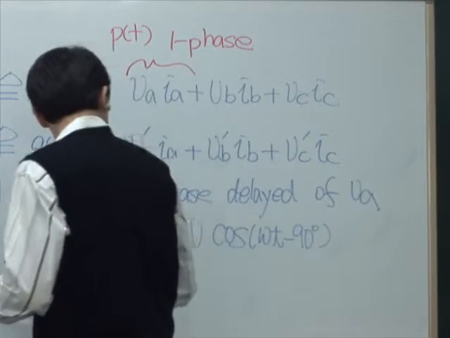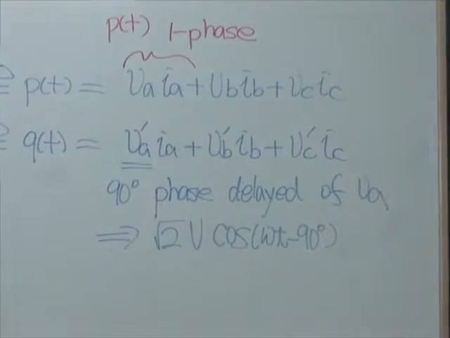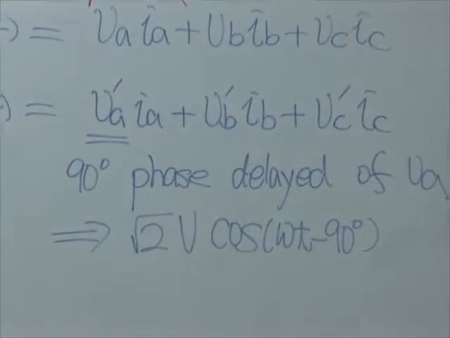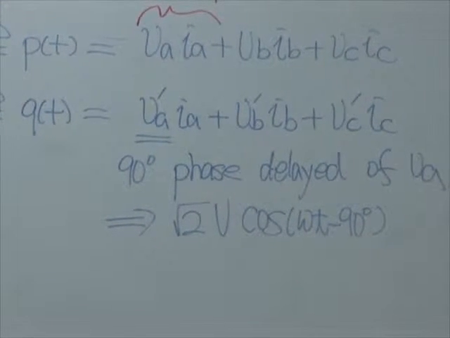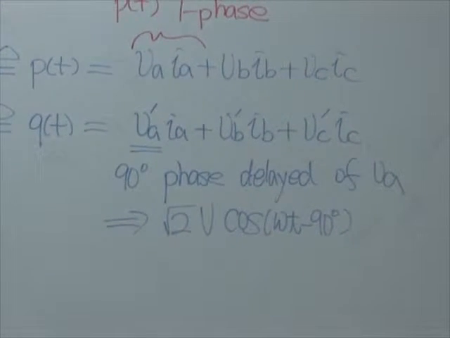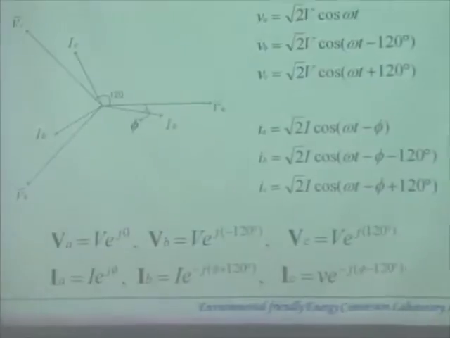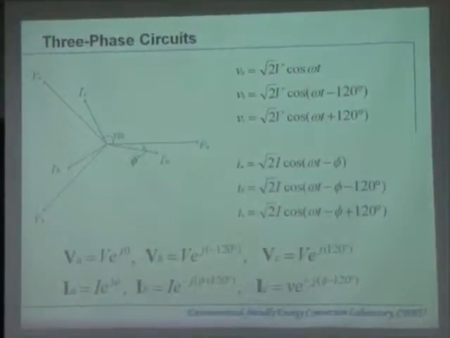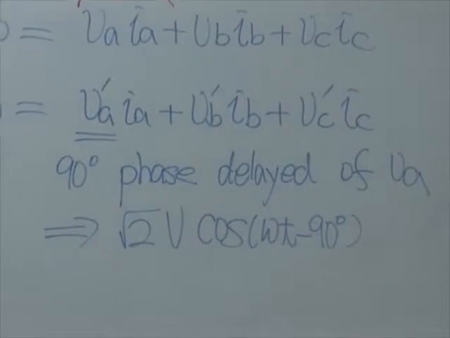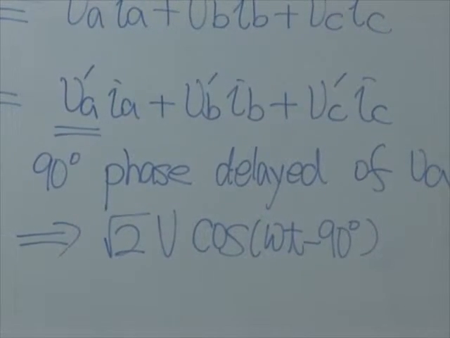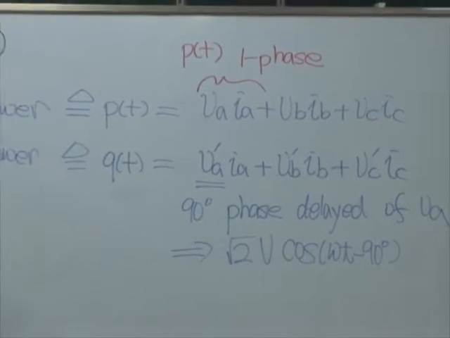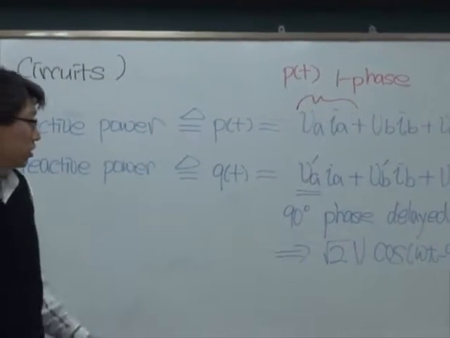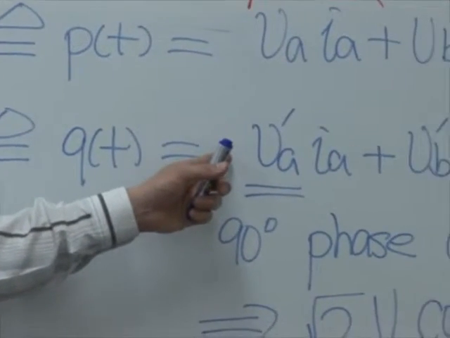Okay. So originally we started with cosine omega t for the VA, right? If something is delayed by 90 degrees, then we just subtract 90 degrees. That's the definition of prime. I think most of the students didn't see this before.